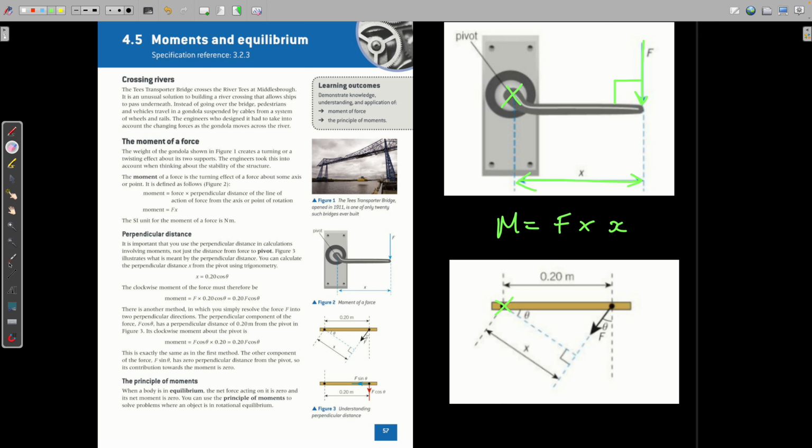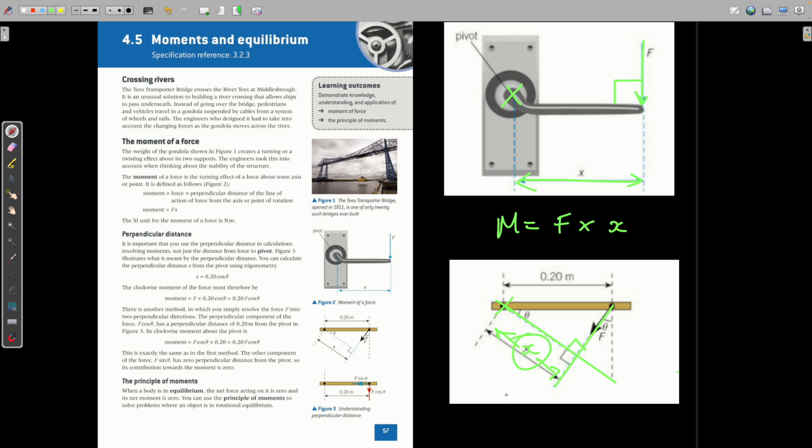So you draw a line down like this from the line of force, and then you draw a line from the pivot directly to the line of force, and that forms the perpendicular distance. So the perpendicular distance is here, it's x. This distance here is not the perpendicular distance, it is this distance here.